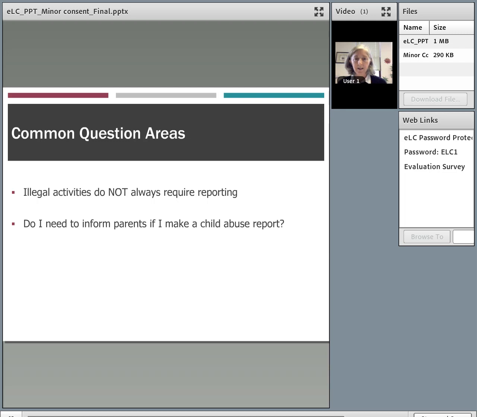So you may find out that one of your clients is using an illegal drug or smoking cigarettes. Both of those things would be illegal, but neither of them is considered child abuse, and therefore is not something that you would be required to report or should report.